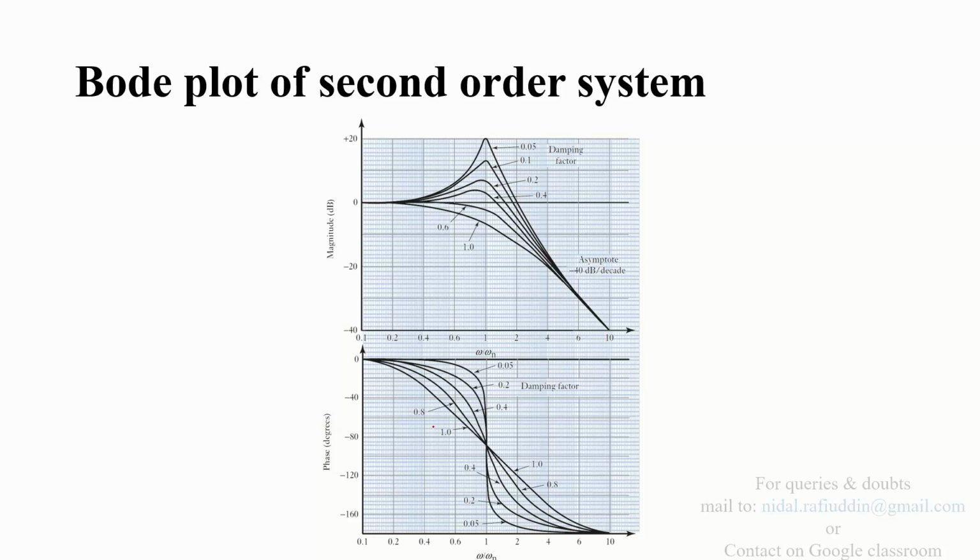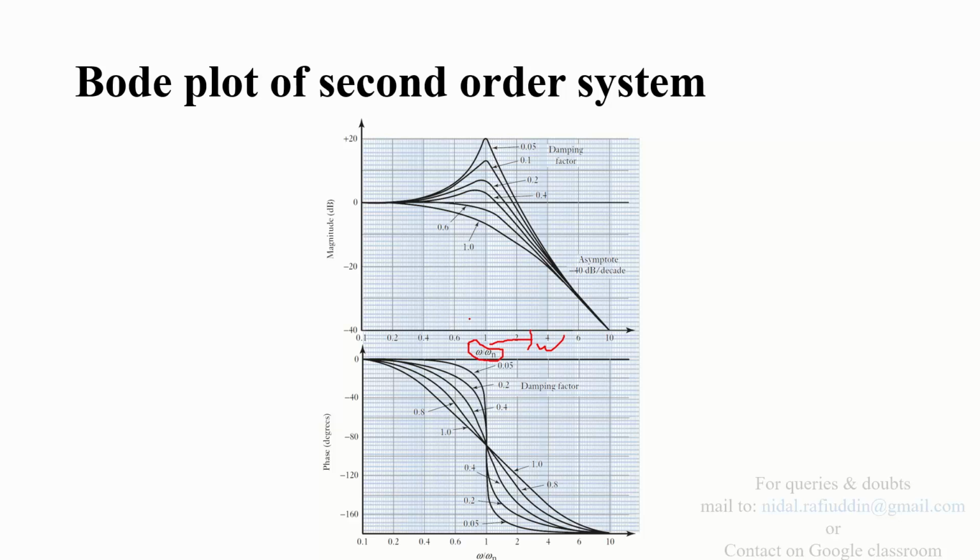For different values of zeta, in the next class I'll try to show you how this plot closer to omega n varies. One thing more: this graph was drawn from a book, and that book has taken the x-axis as omega by omega n instead of omega. The nature of the plot will not change if you use omega in place of omega by omega n.